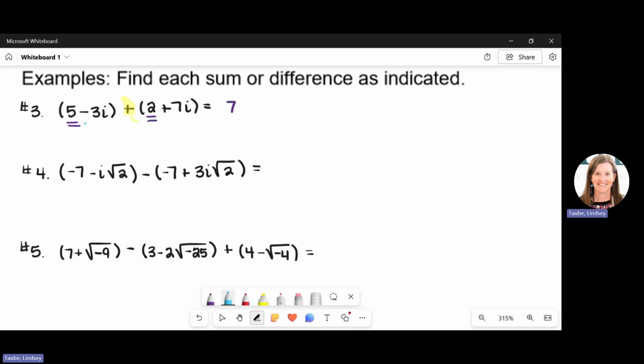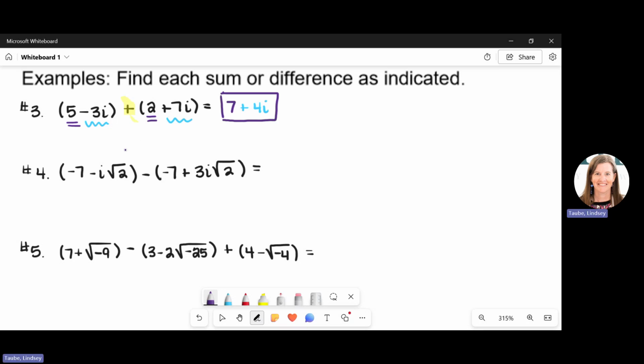And we combine the imaginary parts, negative 3i plus 7i, which gives you plus 4i. You combine those like terms just like you would if they were x's. It's just that i has a very specific meaning. So our final simplified answer is 7 plus 4i.